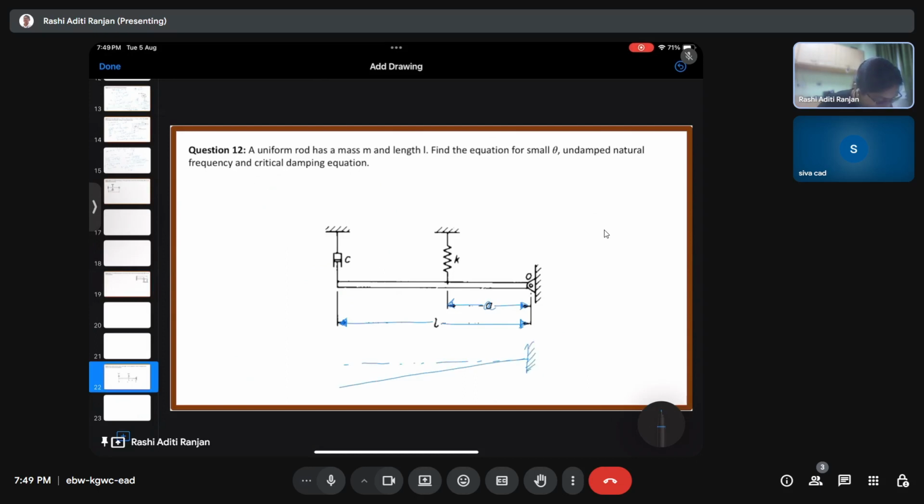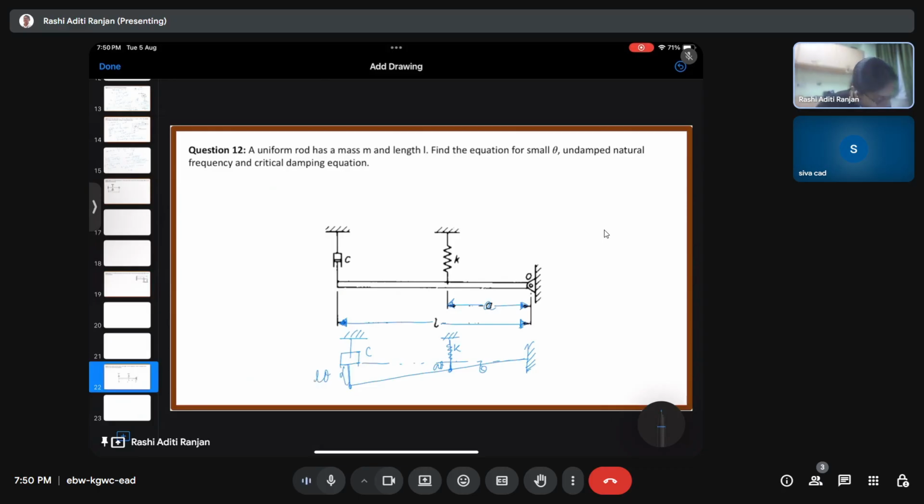So here we have the spring K and the dashpot C. Again, if this is theta, this is going to be A theta, and this is going to be nothing but L theta.